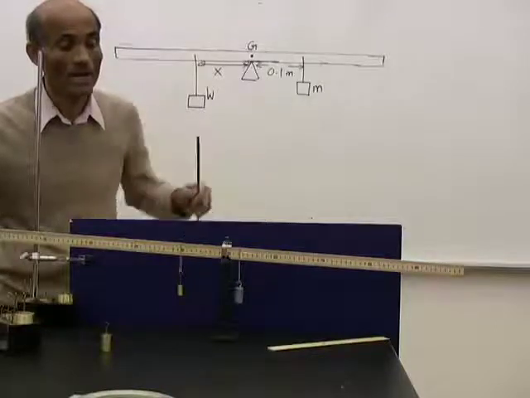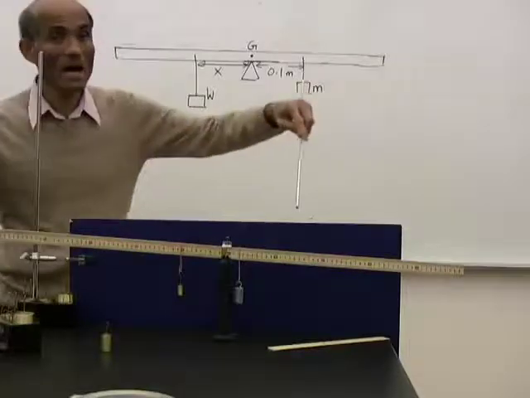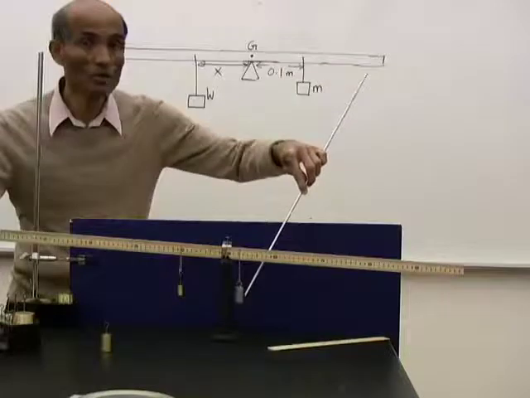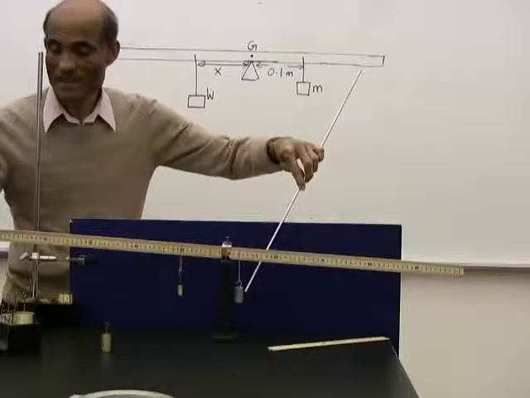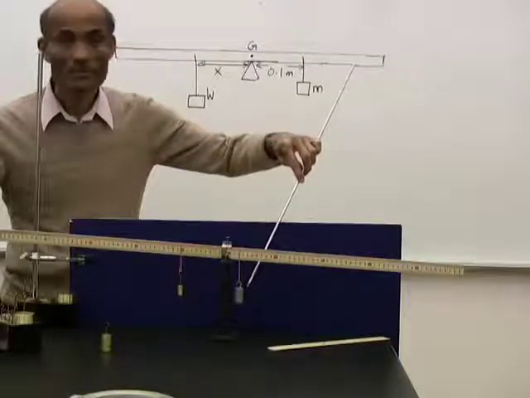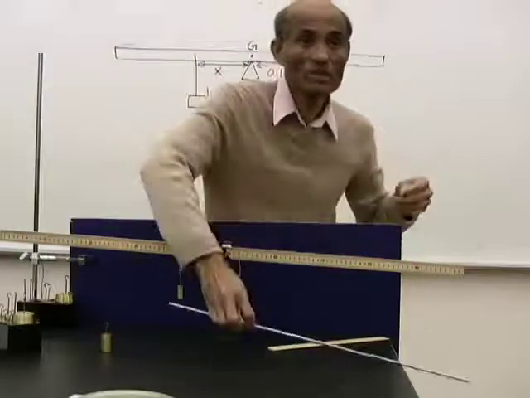Okay, and now suspend an unknown weight marked W. I have suspended this unknown weight, that is W, from the other side and balanced the rule again by adjusting the length. I have actually balanced the ruler.